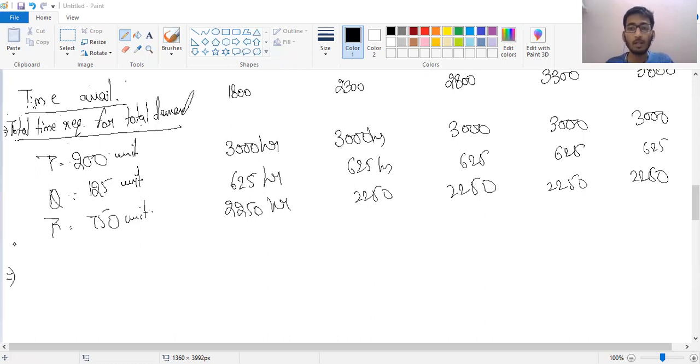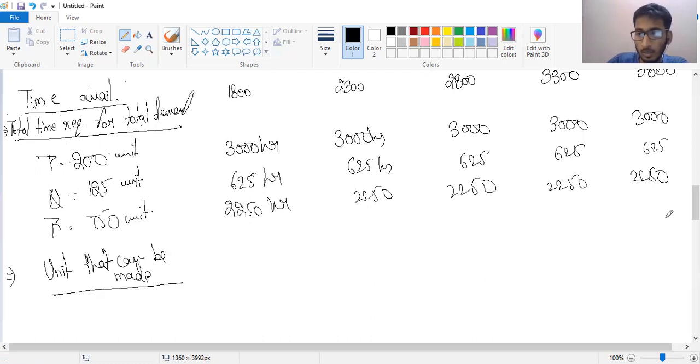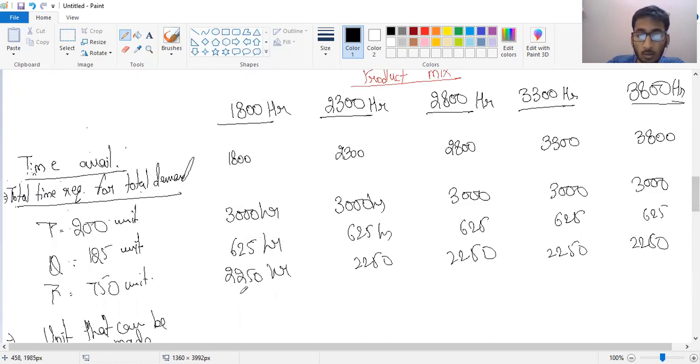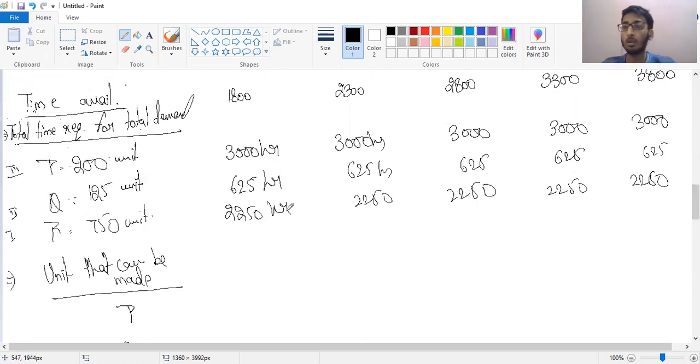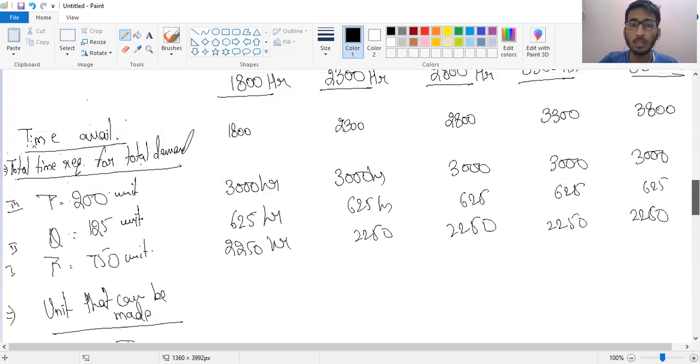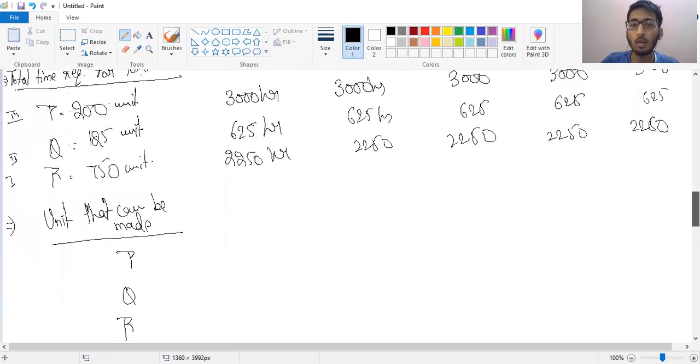Units that can be produced, for P, for Q, and for R. Basically, we'll prioritize: firstly R, then Q, then P. But since we require 2250 hours to make R only, and we are available with only 1800 hours, we are not even able to complete R. So just see how many units of R you can make in 1800 hours.